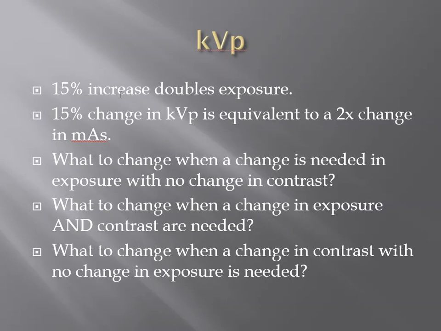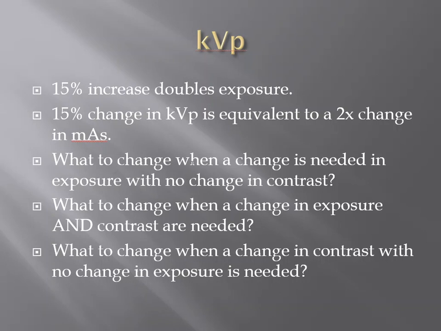And at the same time, the exposure or the density increases by a factor of 2 as well. So a 15% change in kVp is equivalent to a 2 times change in mass, a doubling of the mass. It not only does all that to contrast, but it also doubles your exposure as if you changed your mass by a factor of 2.